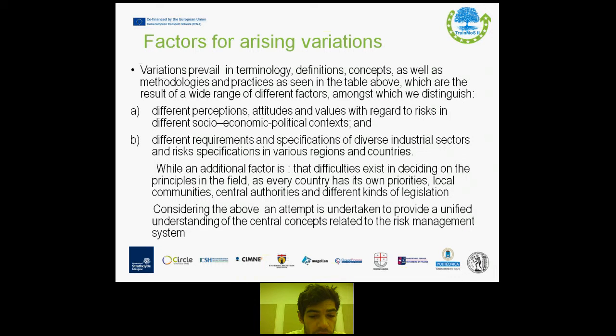An additional factor could be that difficulties exist in deciding on the principles in the field, as every country has its own priorities, local communities, central authorities, and different kinds of legislation. So, considering the above, an attempt is undertaken to provide a unified understanding of the central concepts related to risk management.